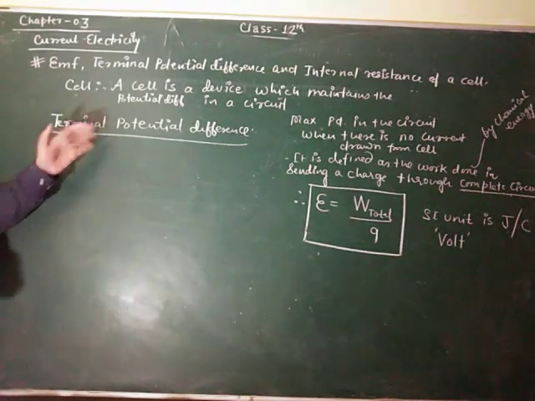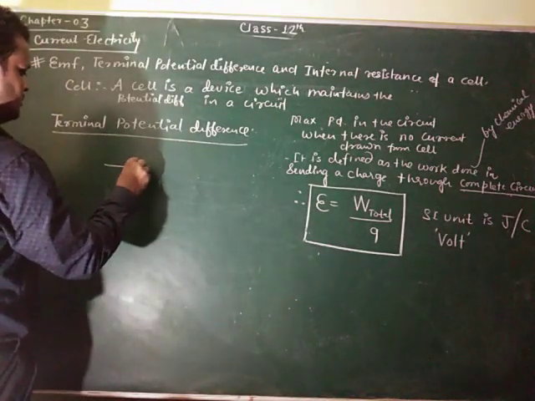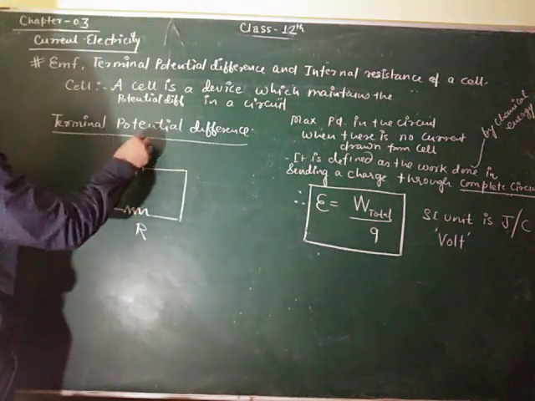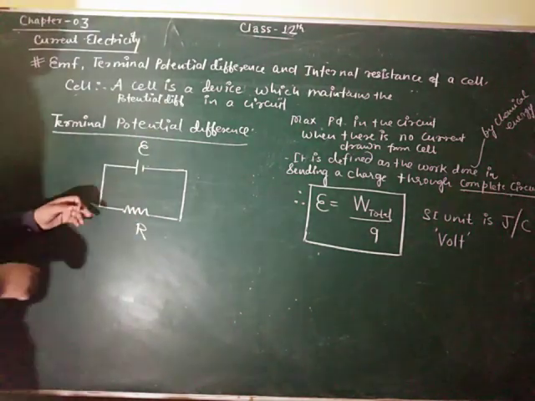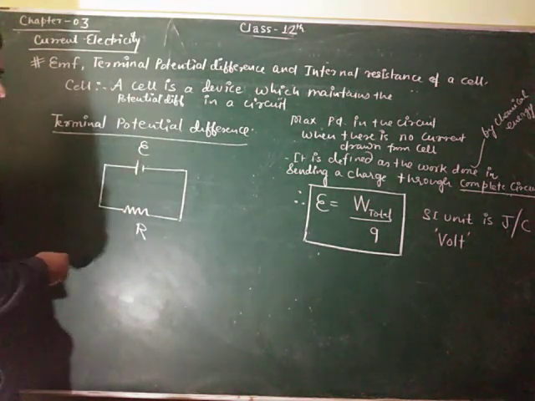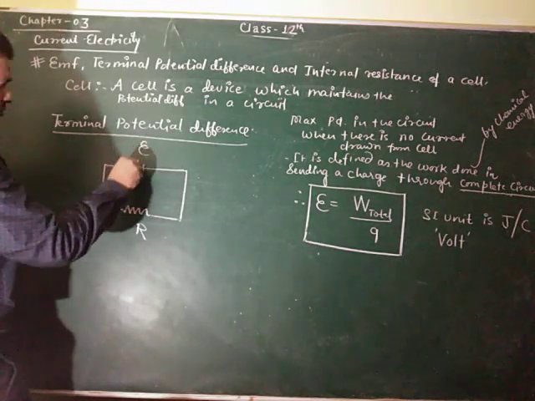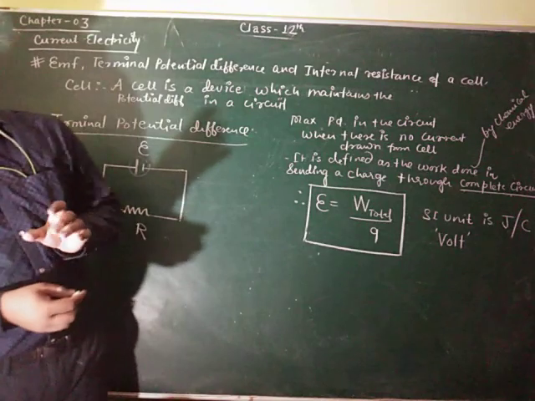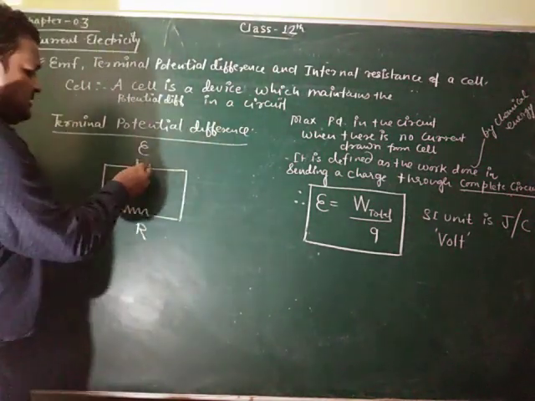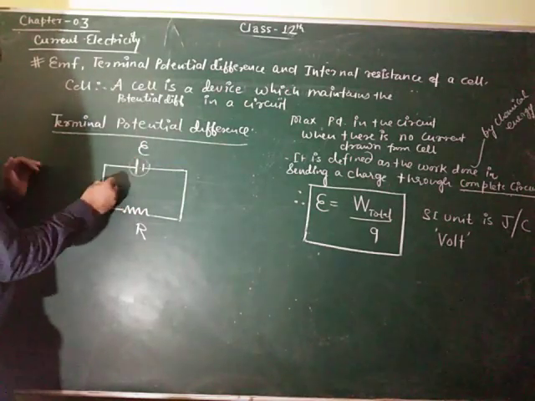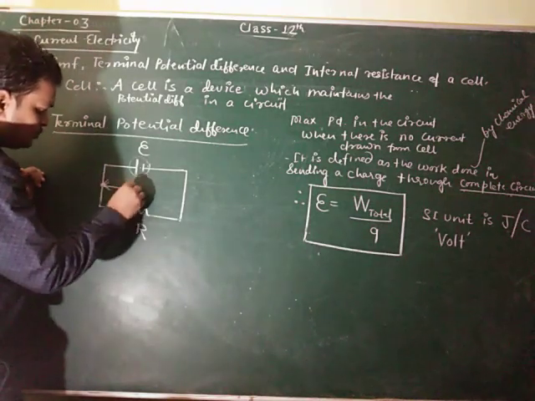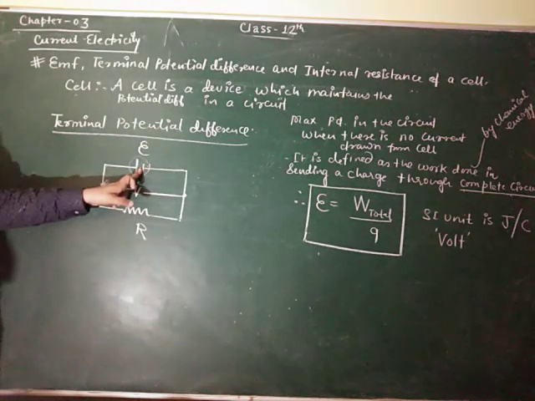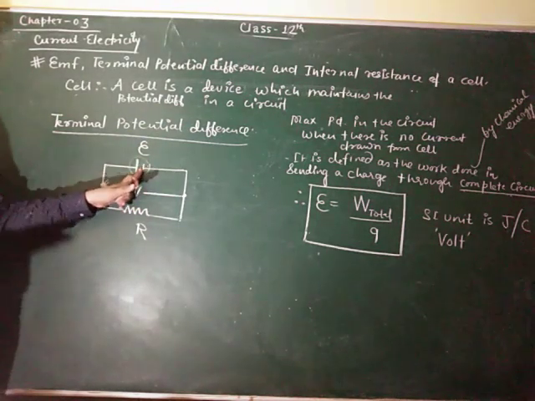Now the next is terminal potential difference. For this we will again draw a circuit consisting of a resistance R and a cell of EMF E. Again this cell starts sending the charge, and if this cell has some potential drop within it, in the internal circuit, within the battery, then the potential difference across these two points, or any point in the external circuit, is called the terminal potential difference.